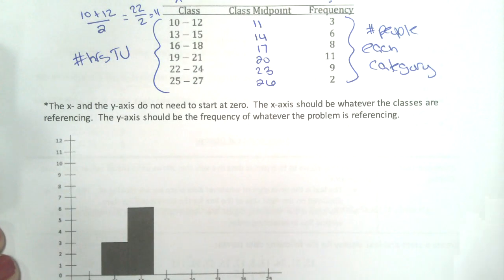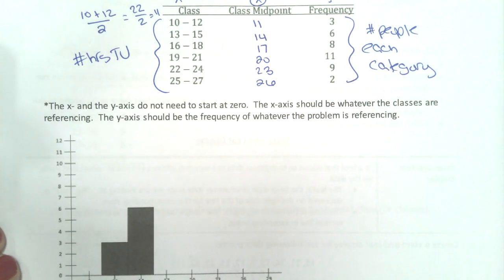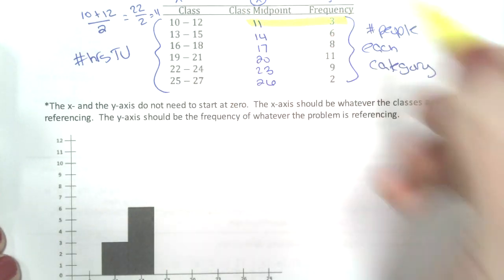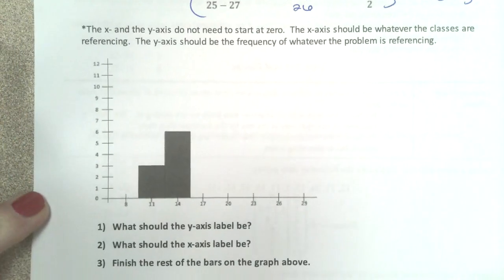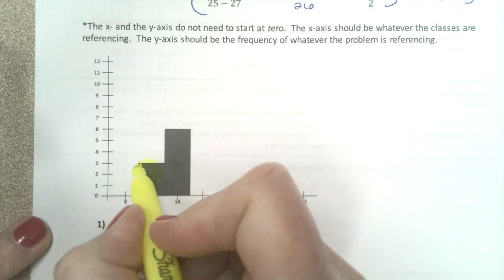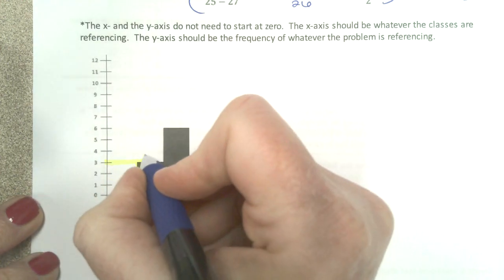We are putting the data around the midpoint of 11. So we centered it here on the 11, and 3 people watched that. So we took our bar chart up to the 3.